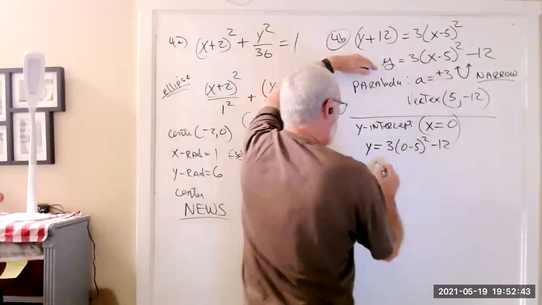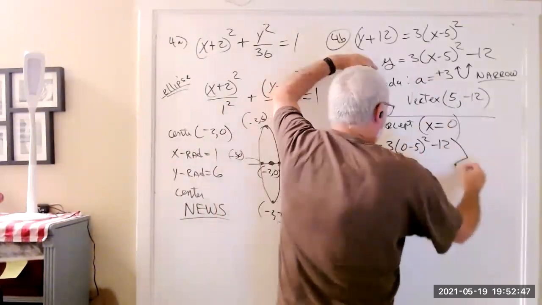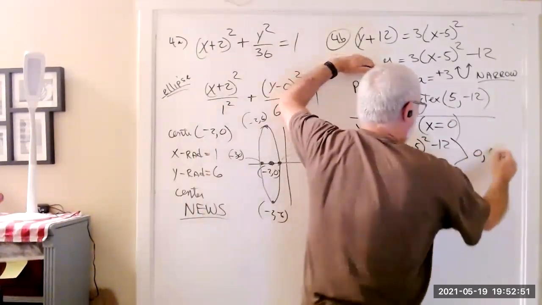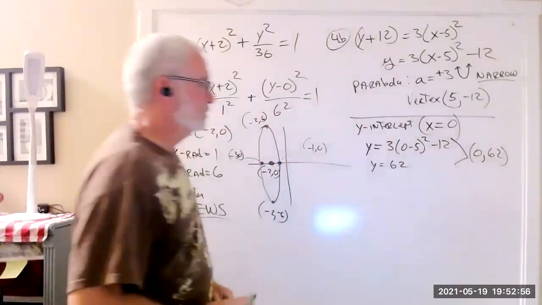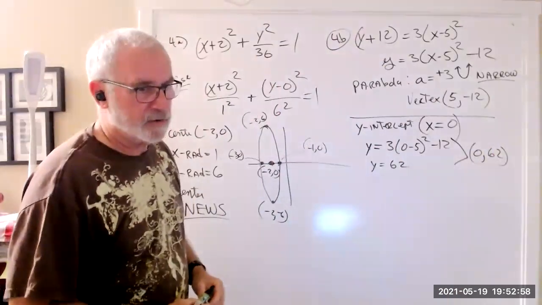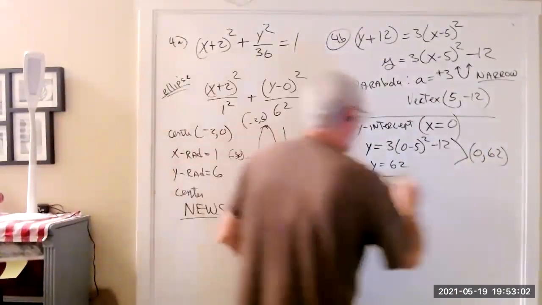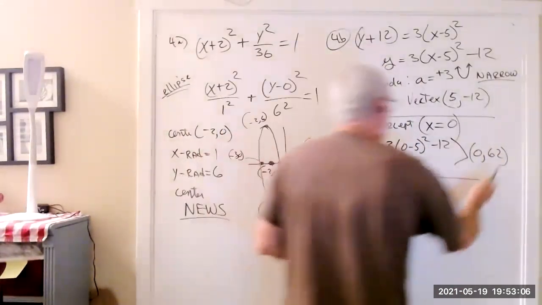So I get Y equals 62. So excuse me, my Y-intercept is (0, 62). Is that all right with everybody? Okay. Is it 63? Yeah. 63, thank you.